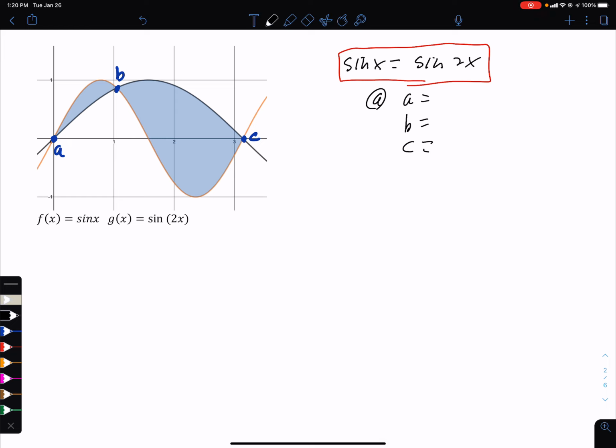And just to help my windows, you'll see it's from 0 to, I'll say 4. So maybe -1 to 4. And maybe -2 to 2. That's going to help me pick my window to get that part of the graph. But let's go ahead and practice on the graphing calculator. We're doing sines, so you have to make sure your calculator is in radian mode.